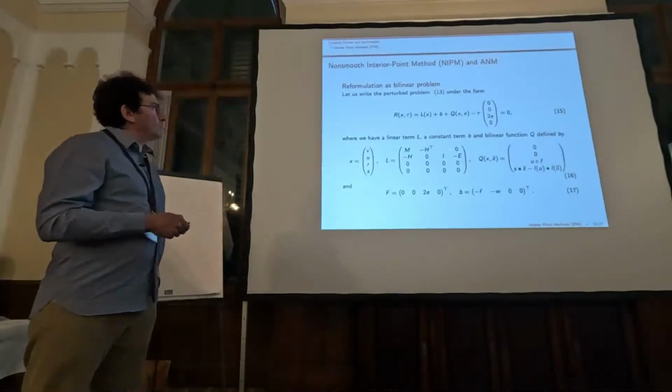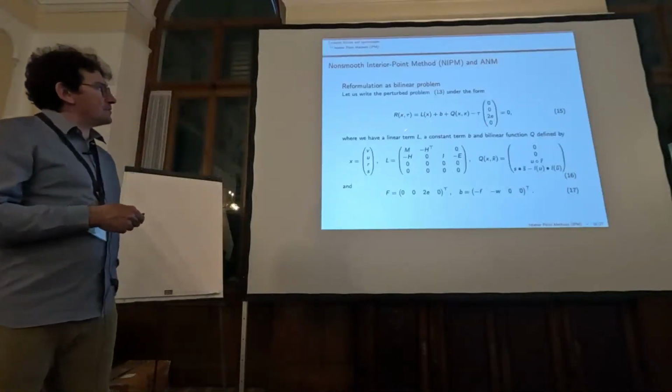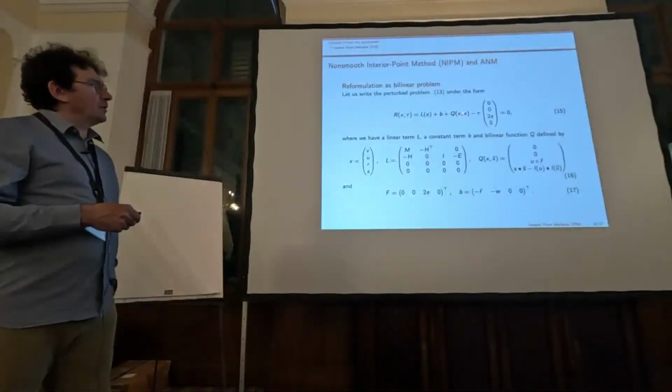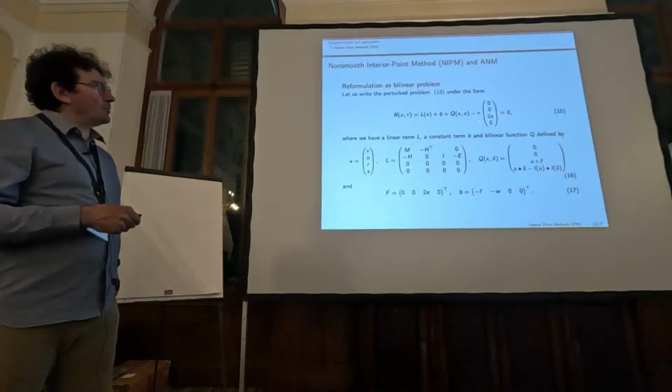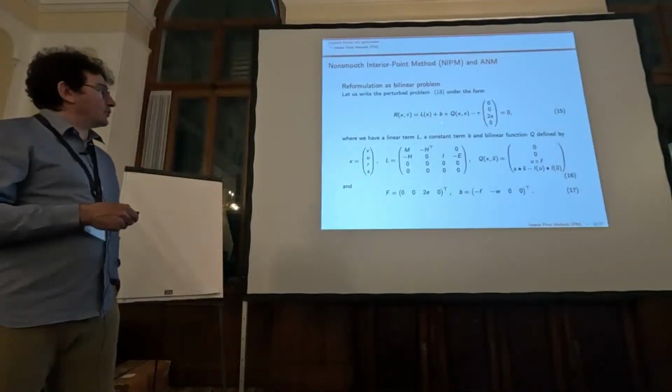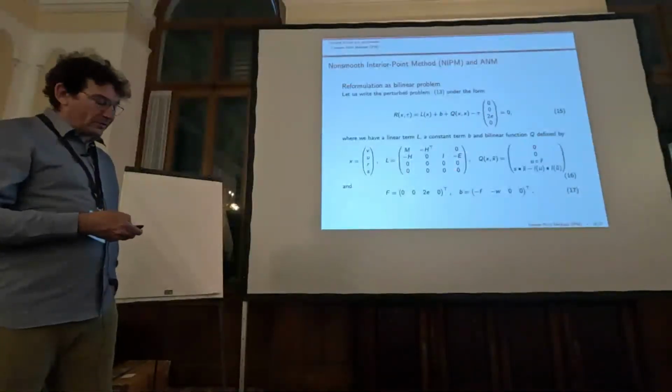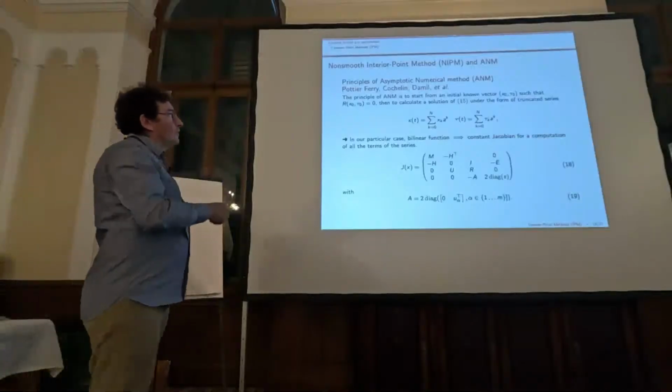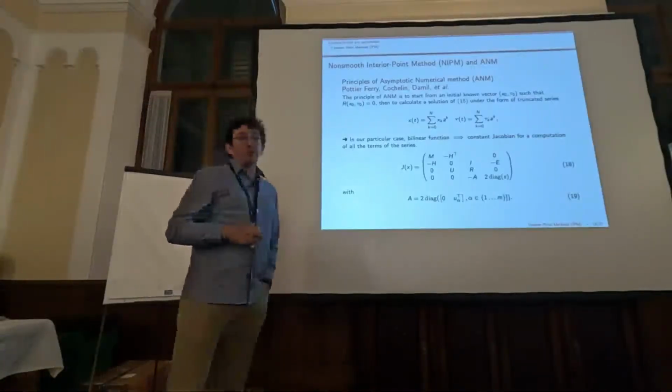In fact, we rewrite all the systems into a quadratic form. So here you have a linear operator, a constant vector, and a bilinear form. This problem is completely equivalent to the previous one with this type of operator. And then we do a Taylor expansion of the central path.